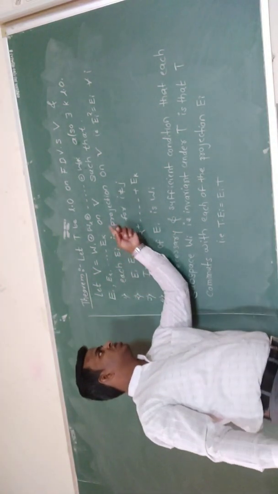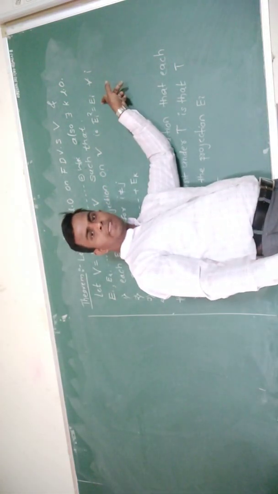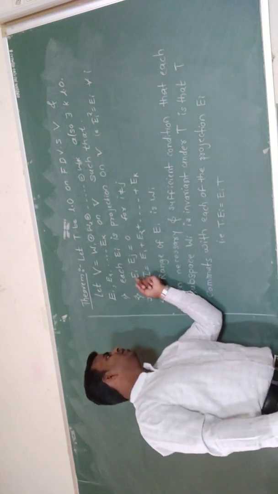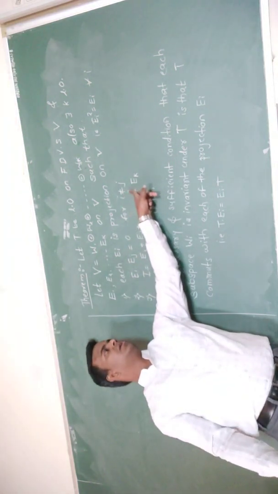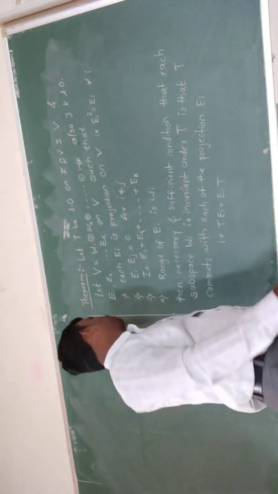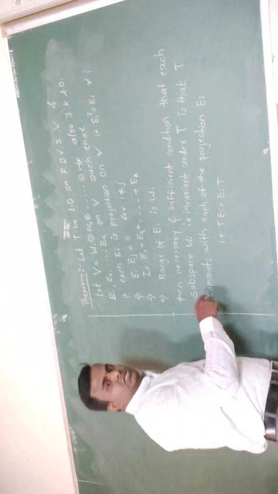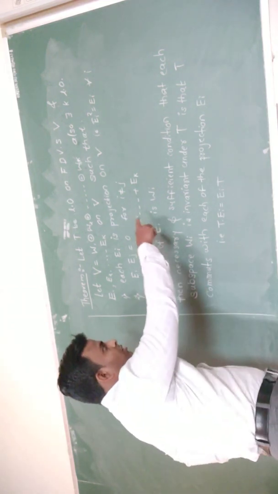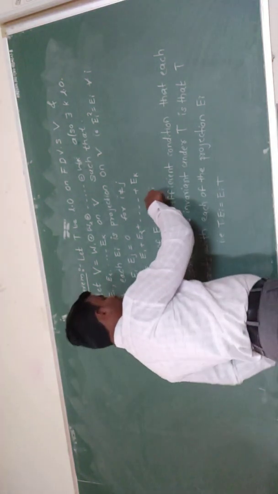Each Ei is a projection on V, that is Ei square is equal to Ei. Ei into Ej is equal to 0 for i not equal to j, I is equal to E1 plus E2 plus up to Ek, and the range of Ei is Wi.